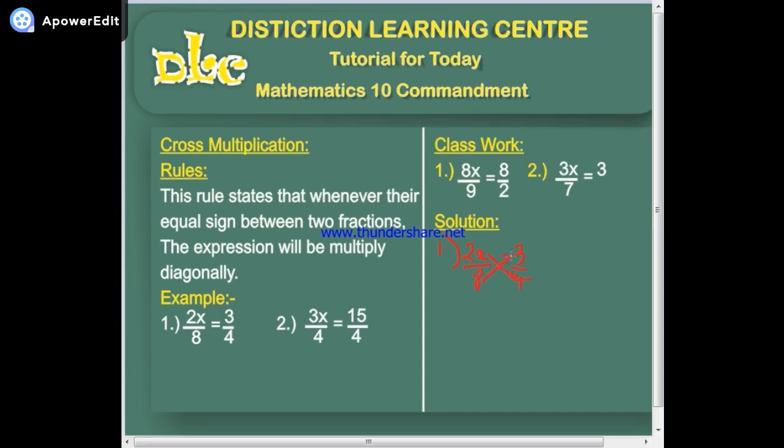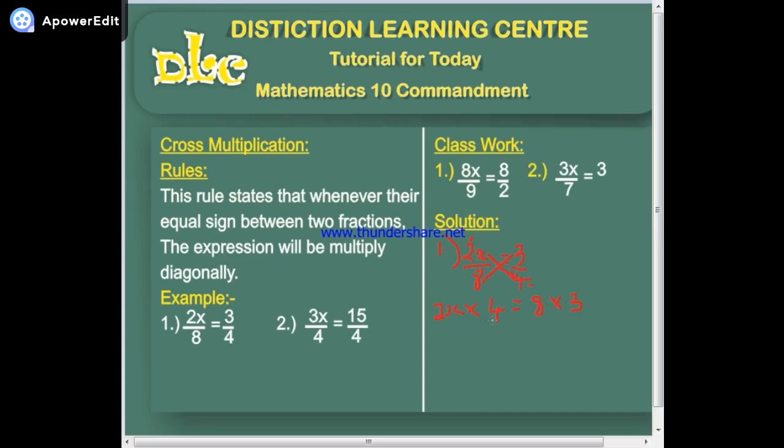So you say 2x multiplied by 4, that is, this 2x here multiplied by this 4 here, equal to 8 multiplied by 3. That is 8 times 3.